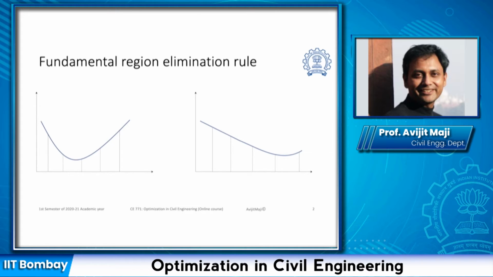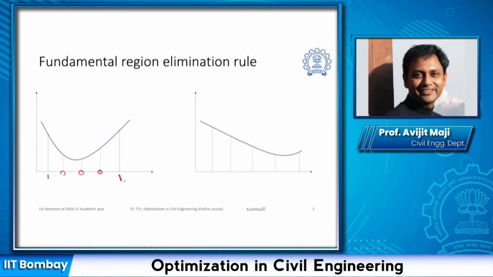So for example, if you are looking into a minimization function and we are trying to find out the function values at three different locations, location 1, location 2 and location 3, whereas my boundaries are here and here.